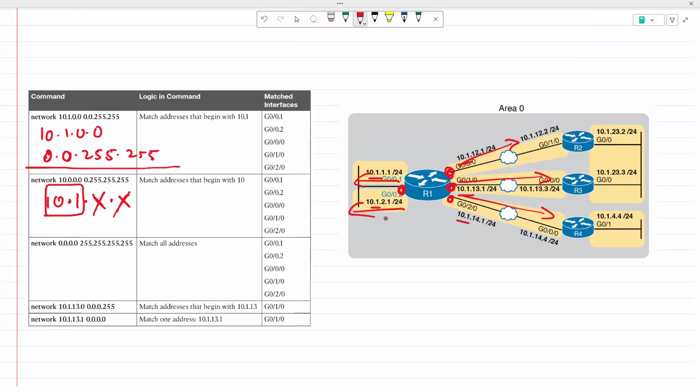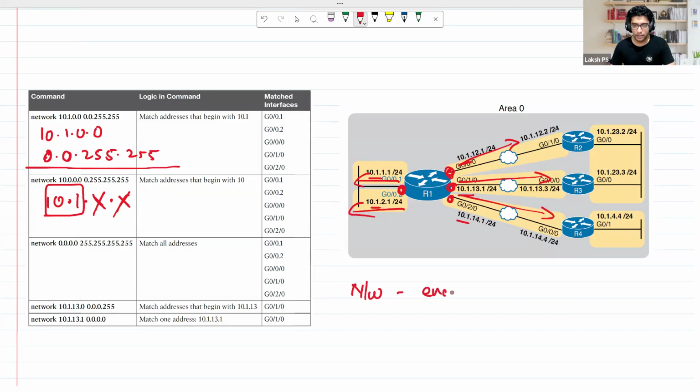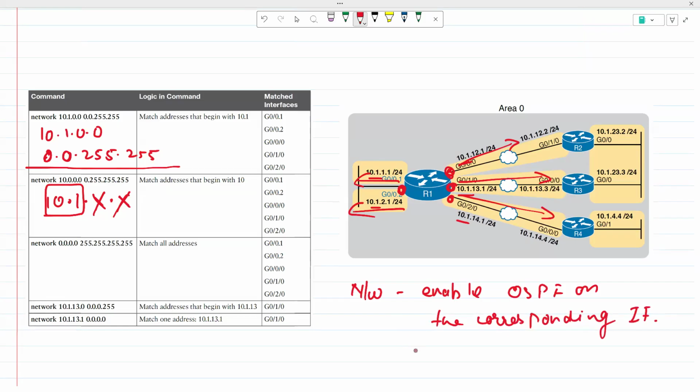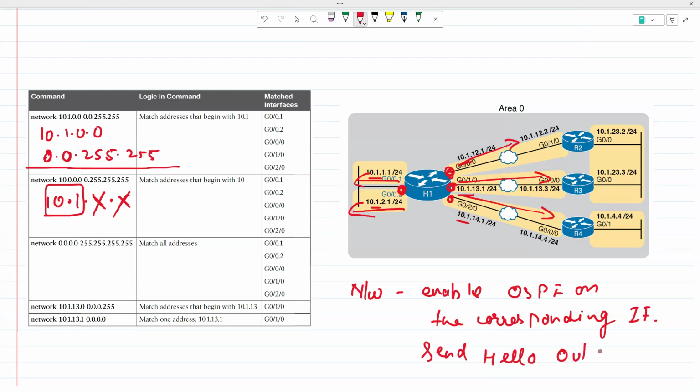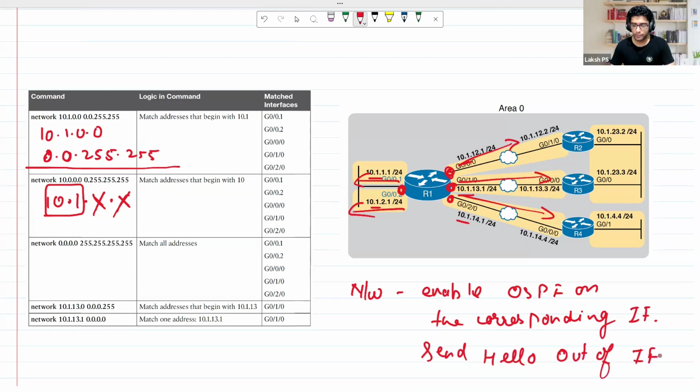We'll discuss the message in a few moments. So the first thing the network command does is enable OSPF on the corresponding interfaces. The second thing it does is send hello messages out of those interfaces. These are the two things the network command does.